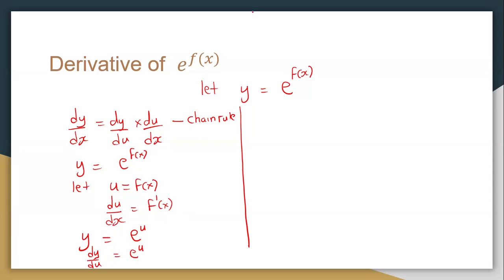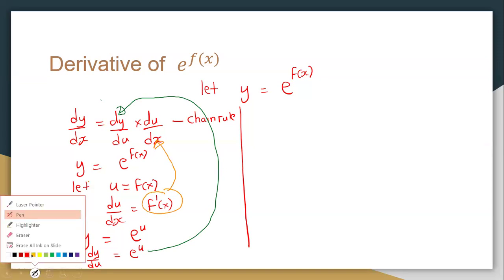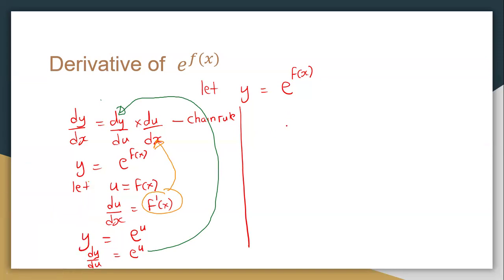Now the answers we have obtained, we are going to feed them back into our chain rule. So this answer we have here, we bring it and feed it here. Then this answer we have here, we feed it in that position. So we come back and say dy/dx is equal to dy/du, which we obtained as e^u, multiplied by du/dx, and du/dx is f'(x).